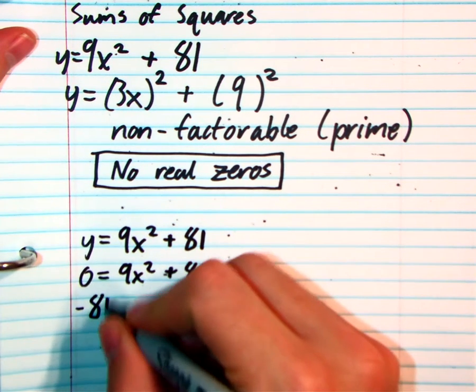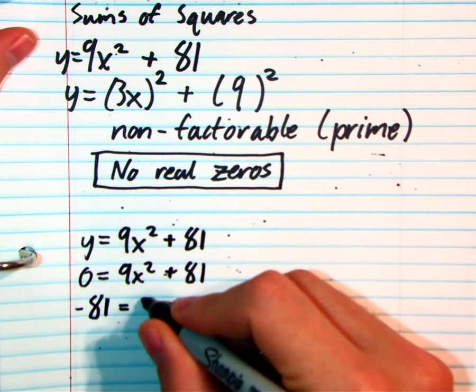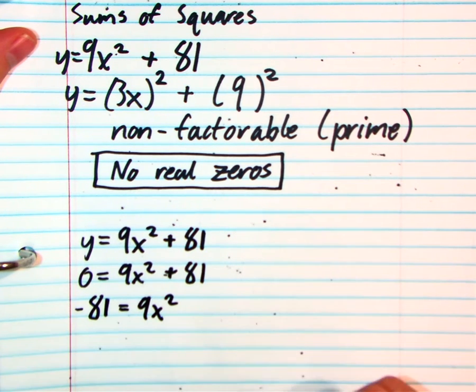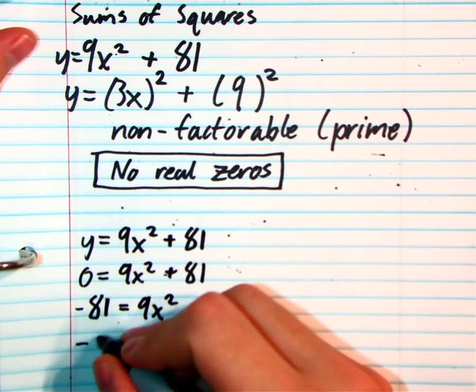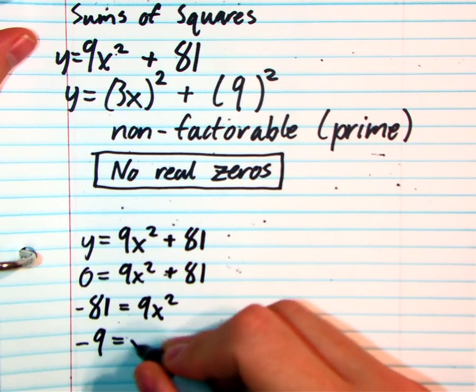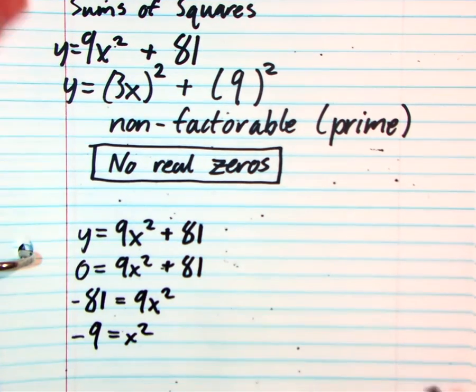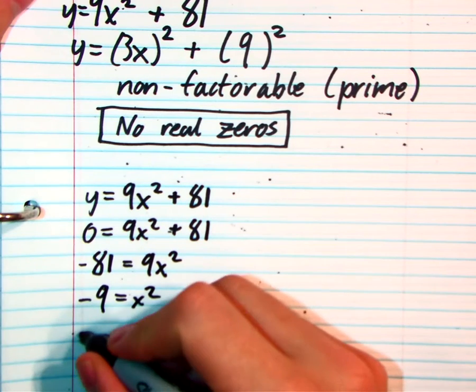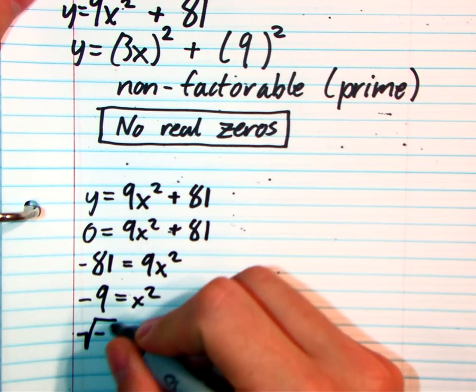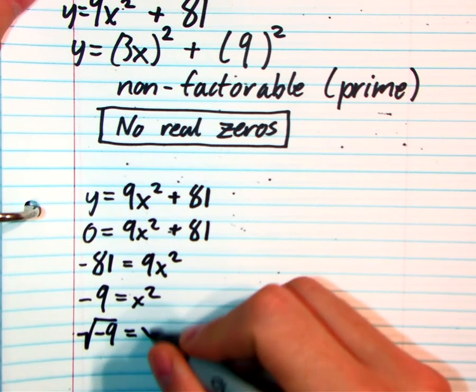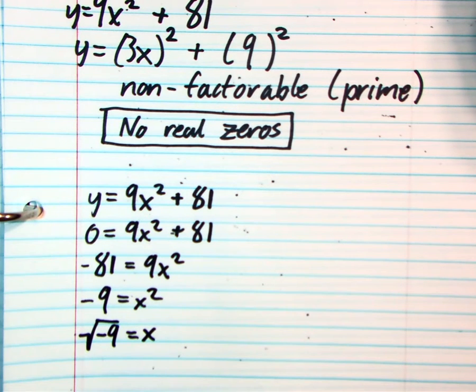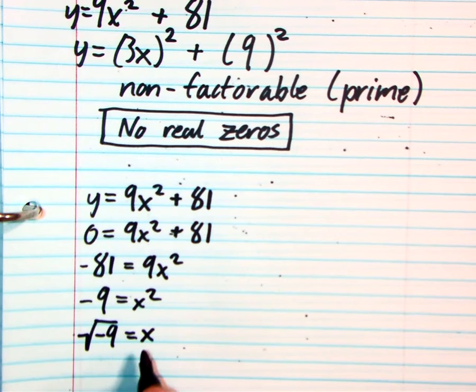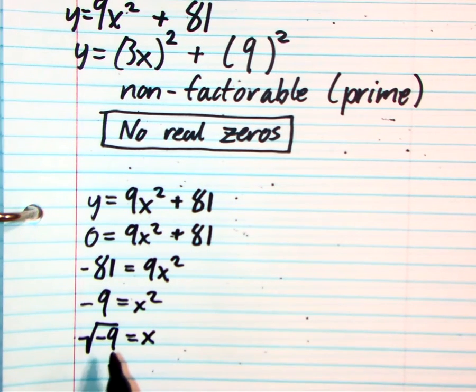I could subtract 81 on both sides. I could divide by 9. And I could take the square root of both sides. If I did all that, you can see my answer would be x is equal to the square root of negative 9.